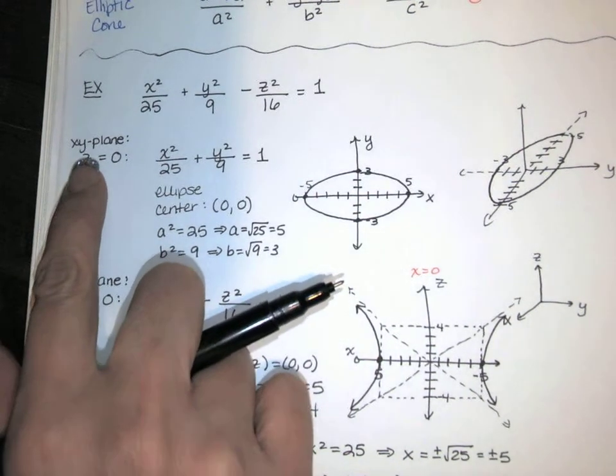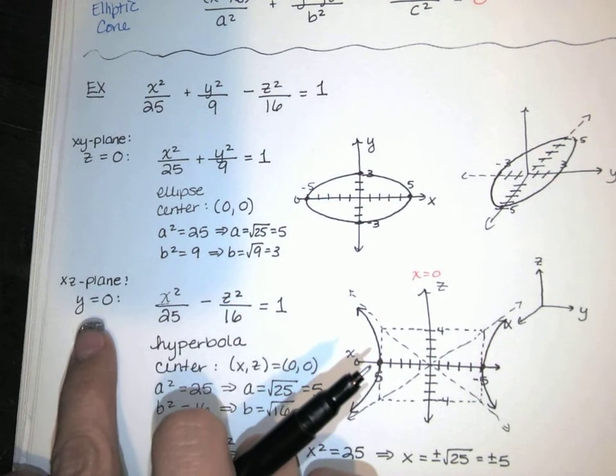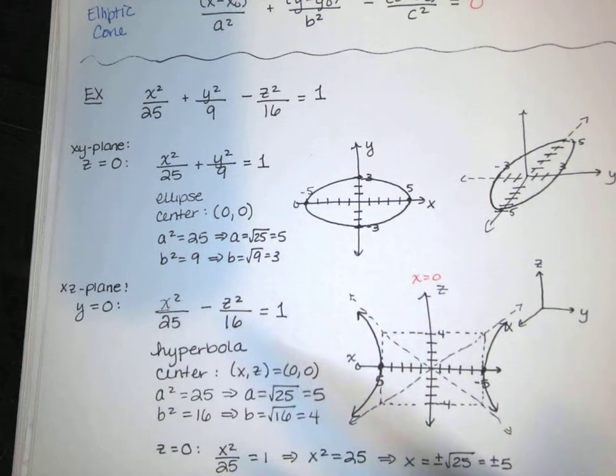Okay, so that was the xy plane when z equals 0. We've got the xz plane when y equals 0. The other possibility is that x could be 0.